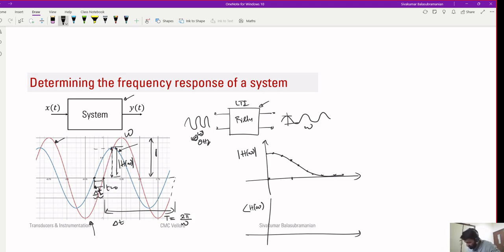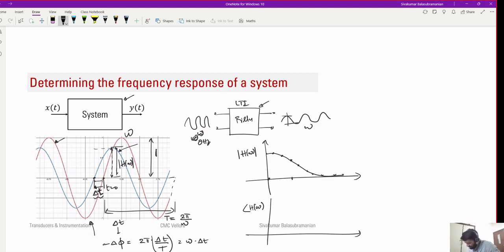Now this time delay delta t corresponds to a phase delay delta phi, given by 2 pi times delta t divided by T, which is omega times delta t.